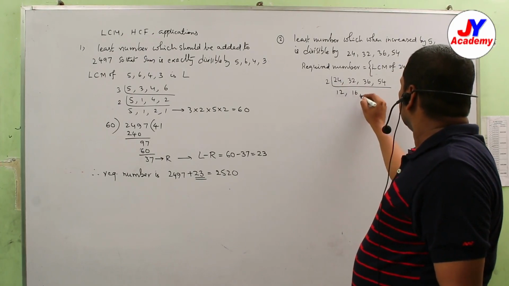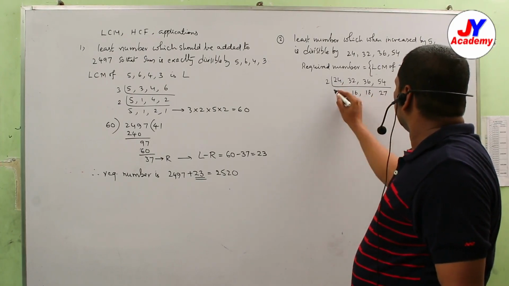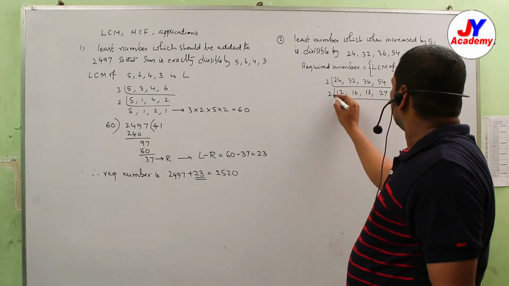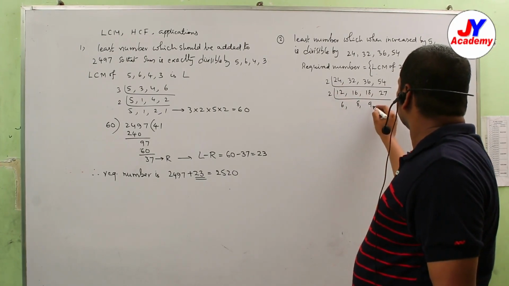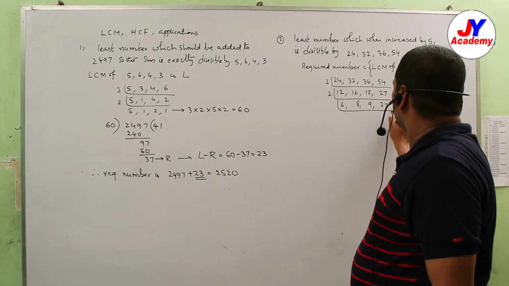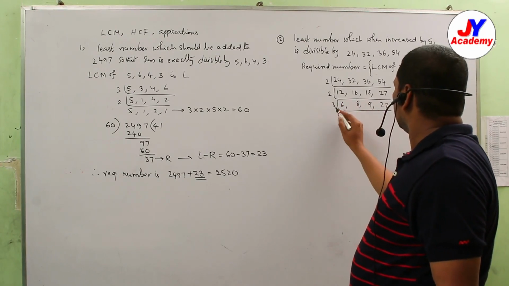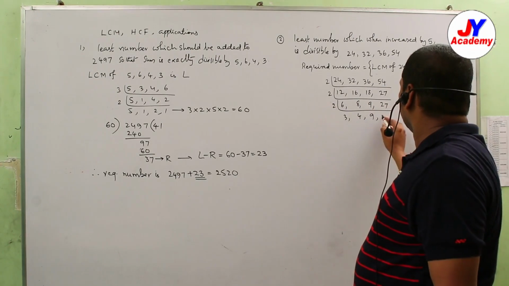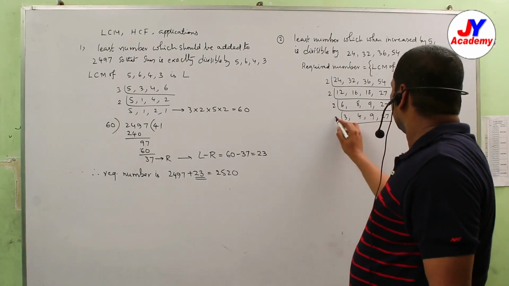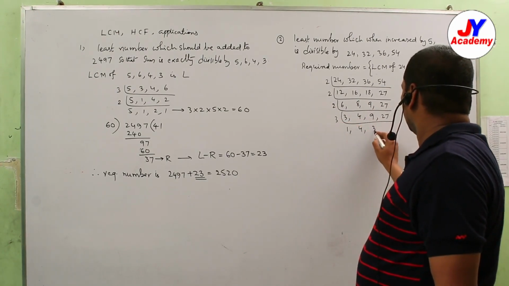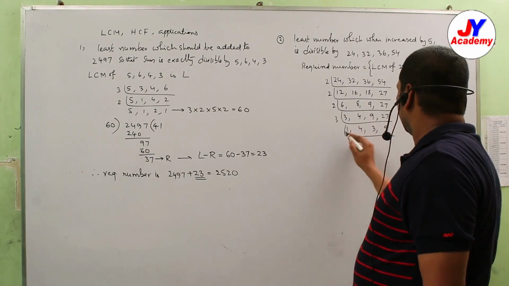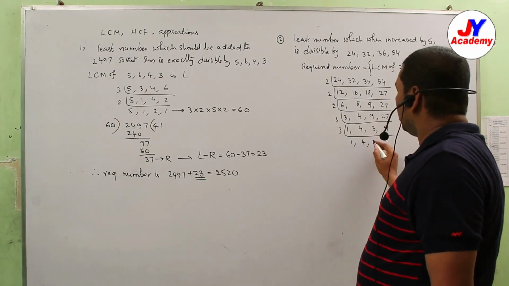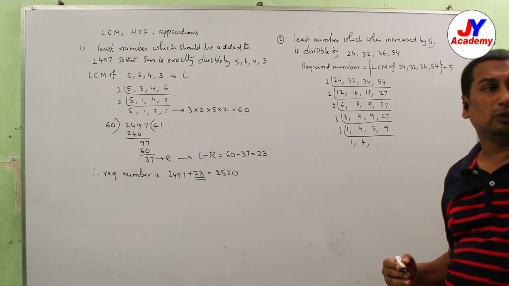12, 16, 18, 27. Now 2, 6, 8, 9, 27. Now 3, again 2, 3, 4, 9, 27. Now 3, 1, 4, 3, 9. Again 3. If any two of them are in the same table, then we continue.